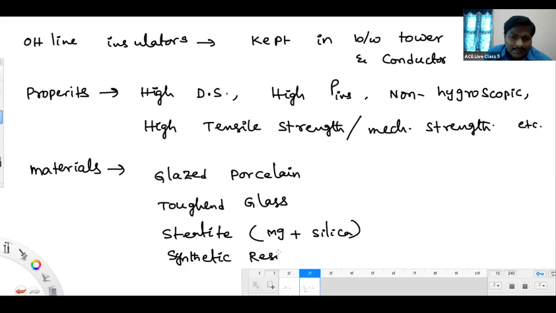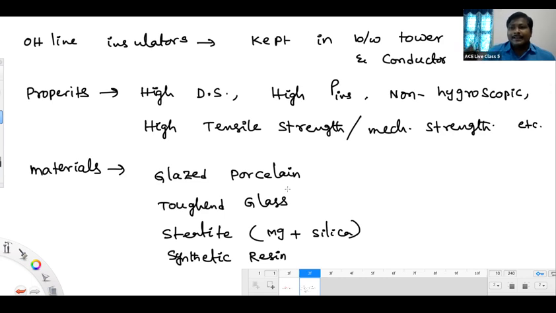These are the various materials. Mostly we will be using porcelain, and glass is also used for insulators at the 765 kV level nowadays.